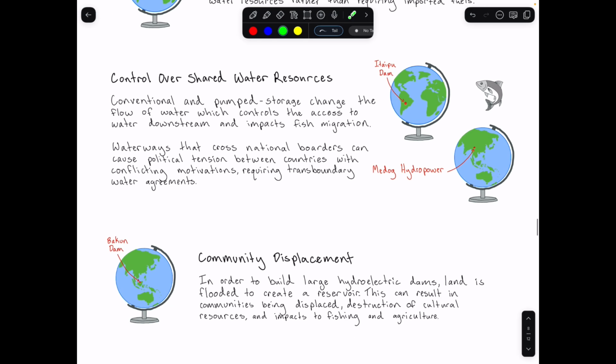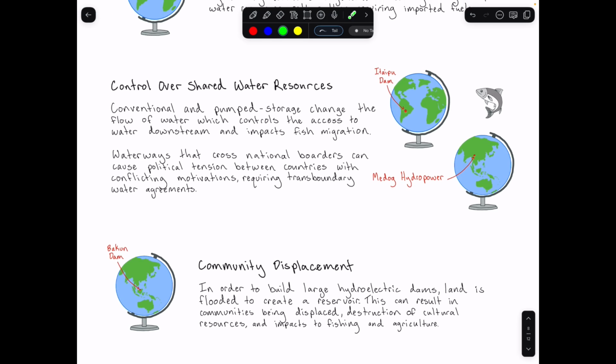Okay, and then the third one is community displacement. Large hydropower projects often require creating massive reservoirs, which requires flooding extensive areas upstream of the dam.